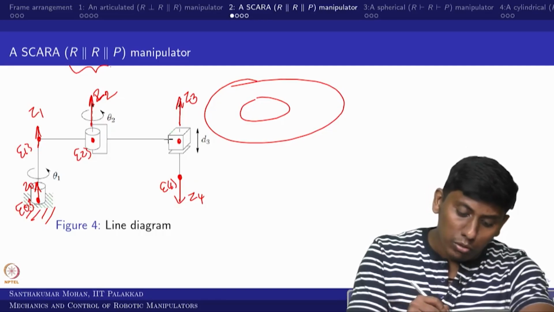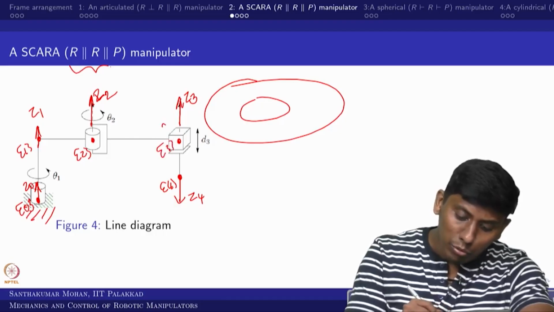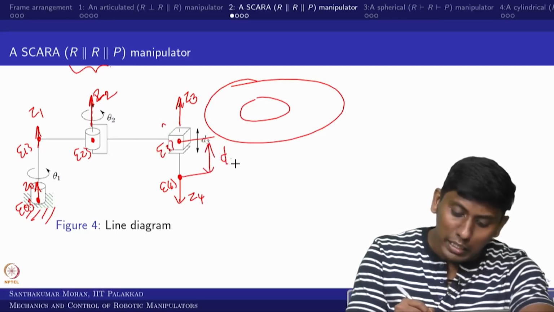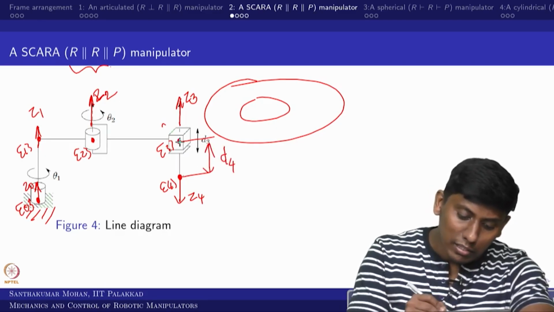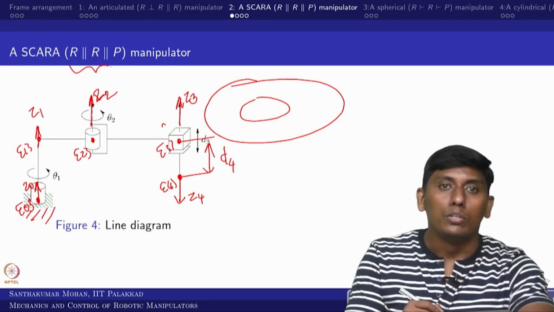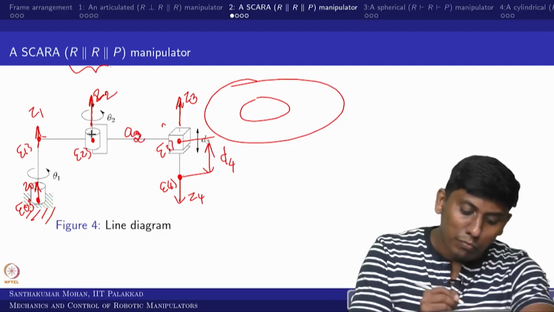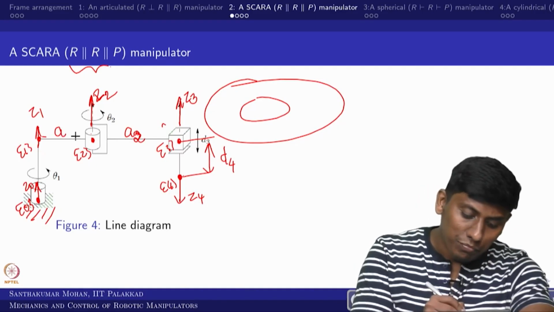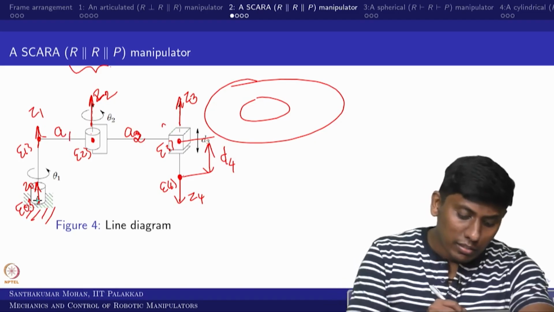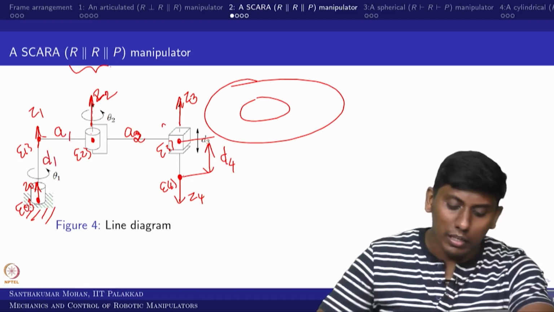So we assume this is the frame 3, and now there is some constant length we call d4, from this point to this point. This distance between 2 and 3 is a2, and this between 1 and 2 is a1, and this distance is again d1.